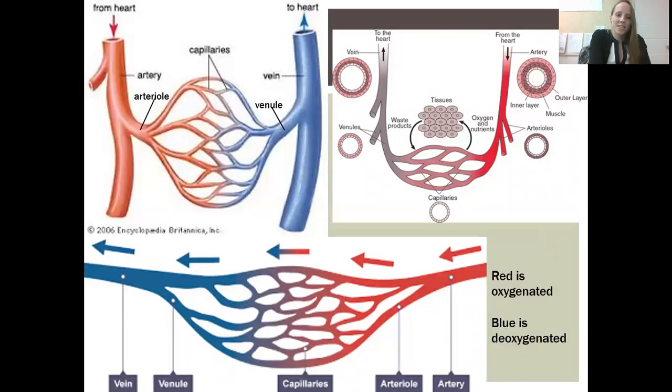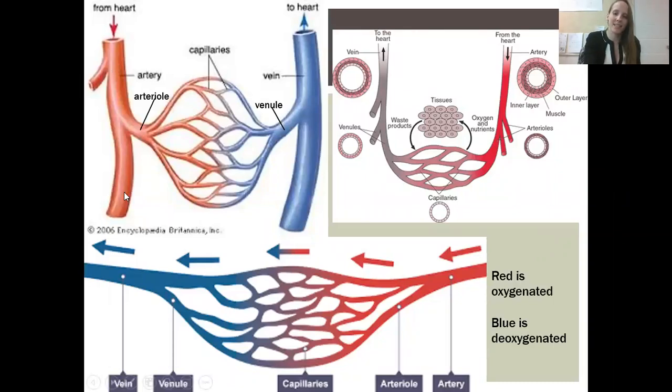So these are just kind of what this would look like. The largest blood vessels that are going away from the heart are the arteries. They branch out into the arterioles, which branch out even further into the capillaries. And then after the capillaries, they all branch back together into venules, which then combine to form veins.